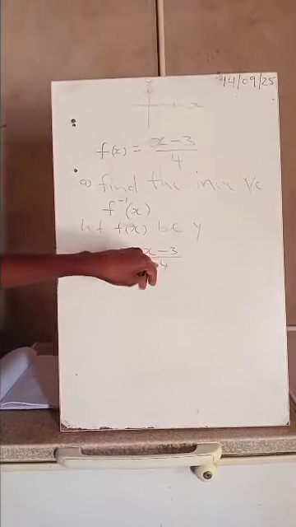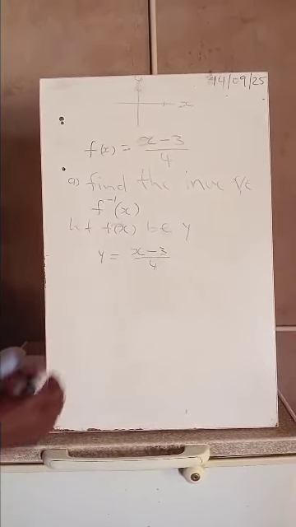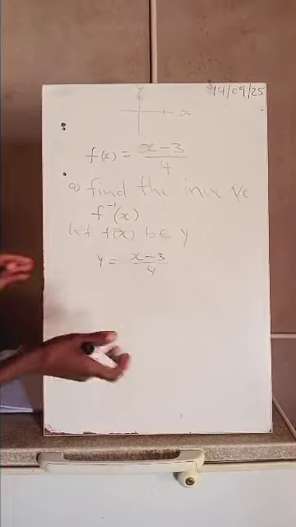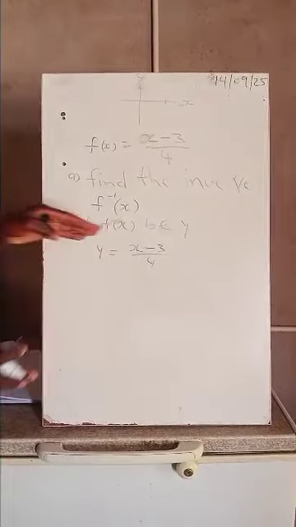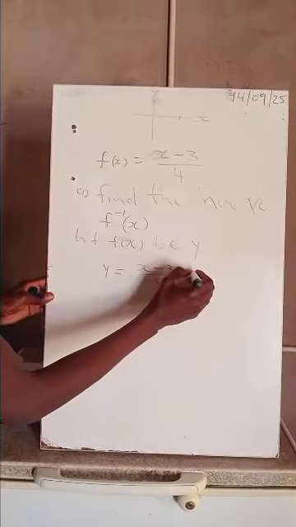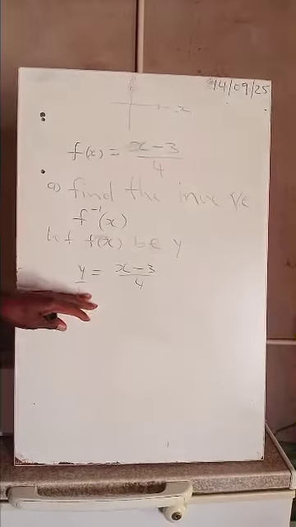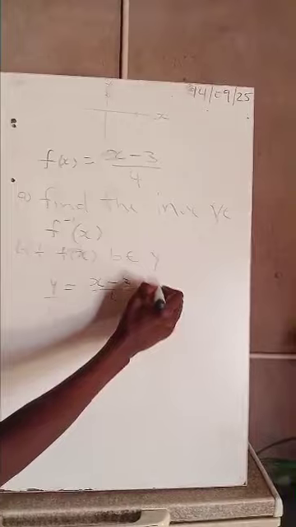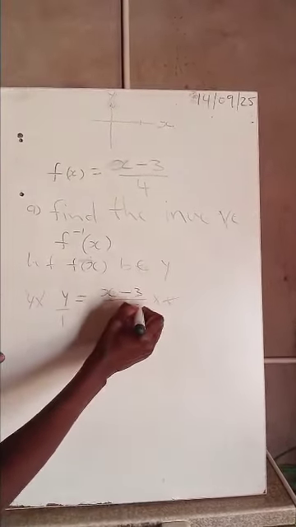Now we are going to make the x the subject of the formula, so that we get the inverse, the equation in the form of y. So what we are going to do, we divide both sides by 1, then we multiply both sides by 4, this one and that one cancels.